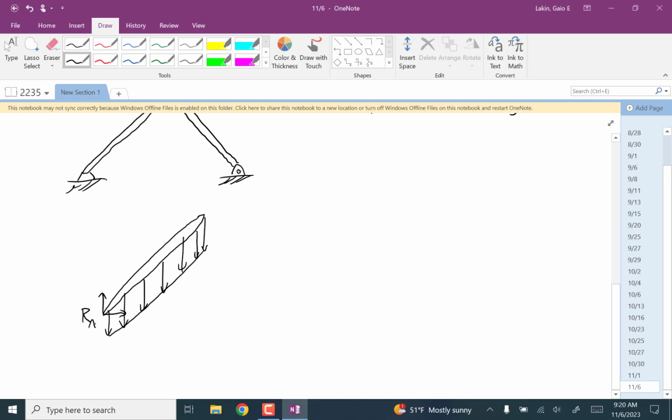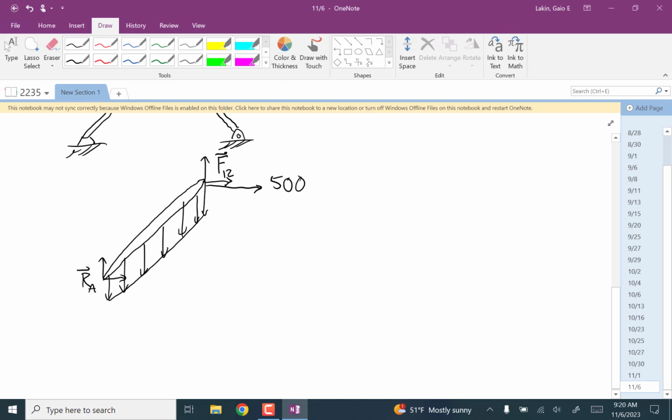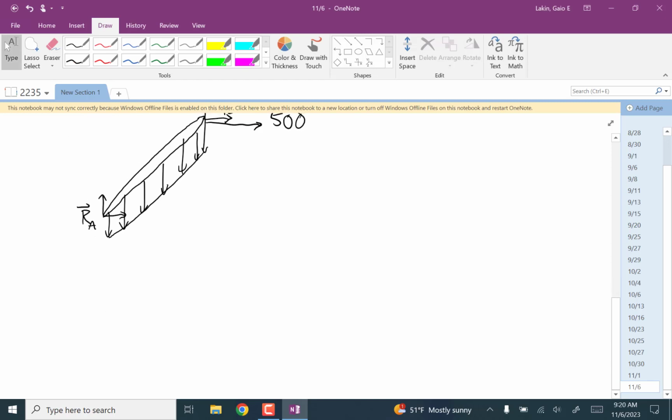Call this RA. Call this F12. And then there's this 500 Newton force. And you multiply all these things by the rotation matrix.